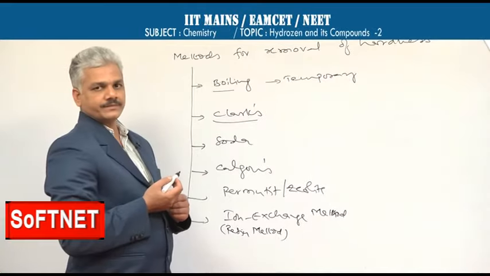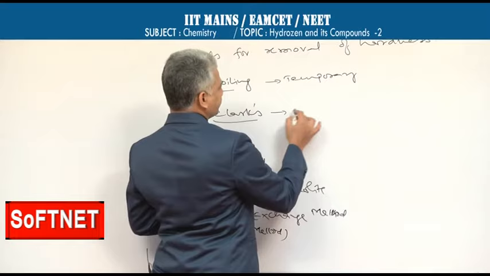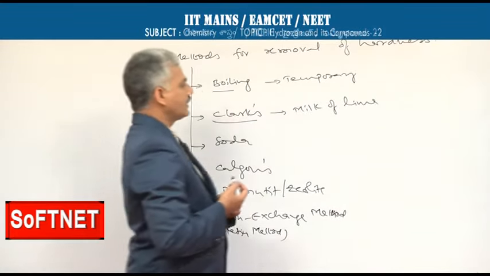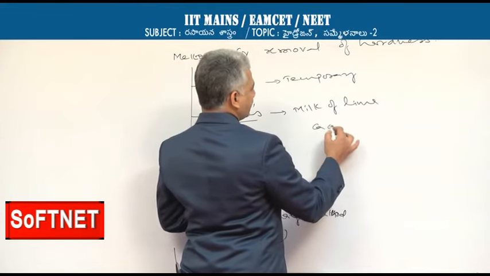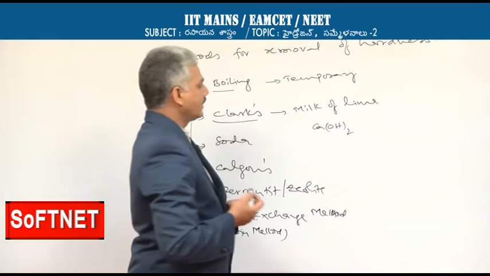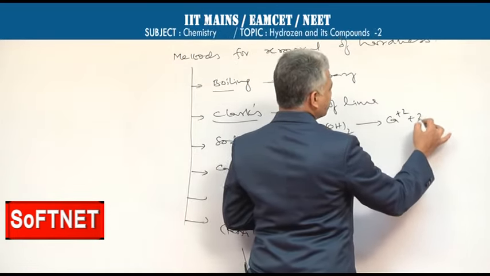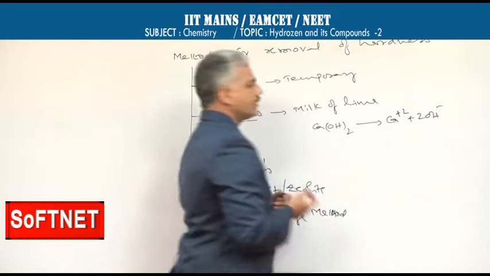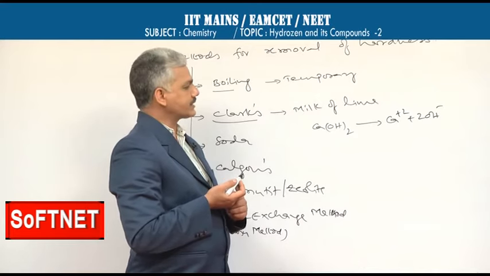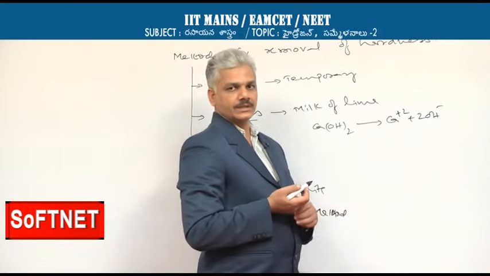Clark's process. In this process, milk of lime is added to remove the hardness of water. Chemically speaking, calcium hydroxide is called milk of lime. When it is added to water, being sparingly soluble, a small quantity gets dissolved and the dissolved part will be ionized to calcium ions and hydroxide ions.